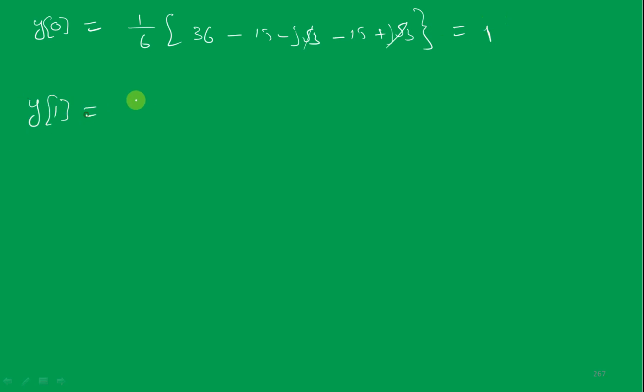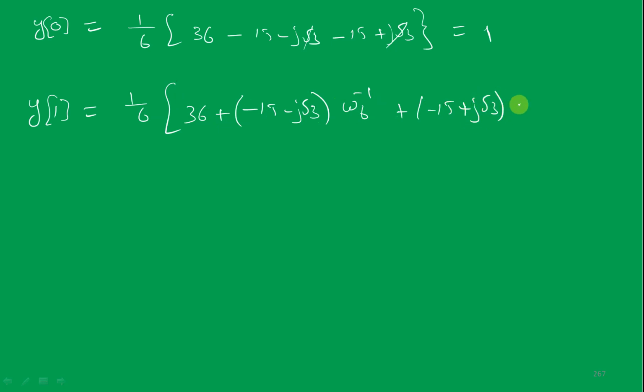Similarly, what is y of 1 here? 1 by 6, 36 plus (−15 − j√3) W6 power minus 1, plus (−15 + j√3) W6 power minus 5. Now, W6 power minus 1 is the complex conjugation of W6 power 1.